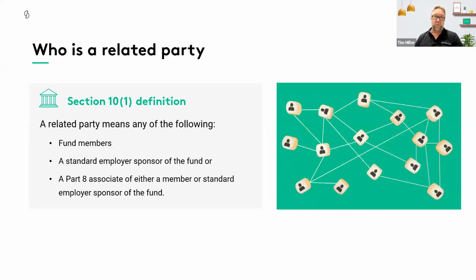And so when we talk about related parties, we're talking about the members of the fund, and that's hugely important when we're also then talking to people about setting up superannuation funds.